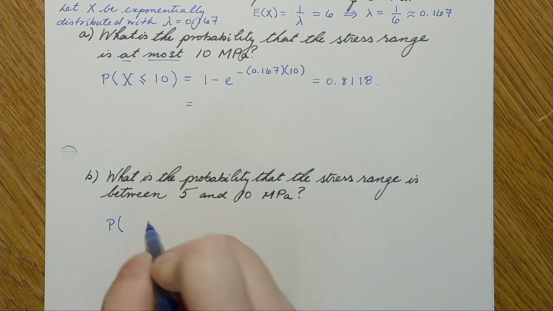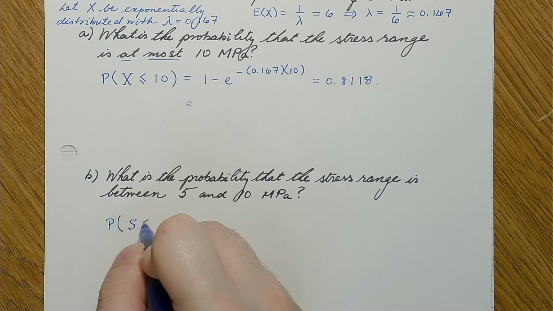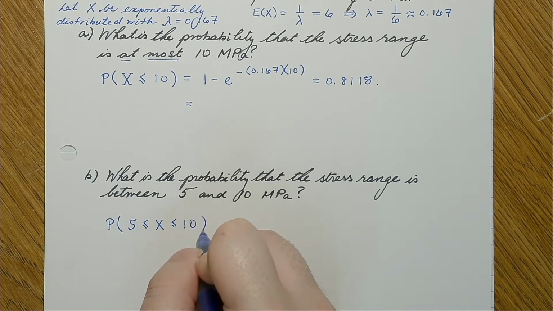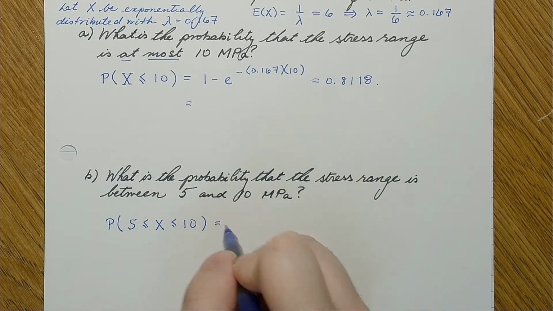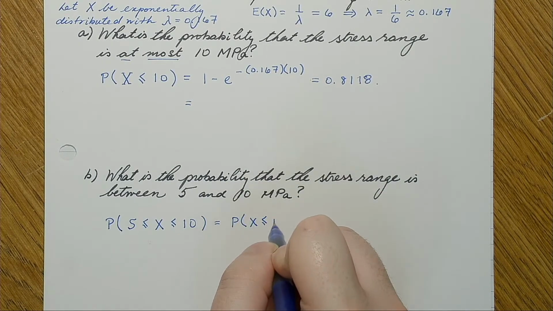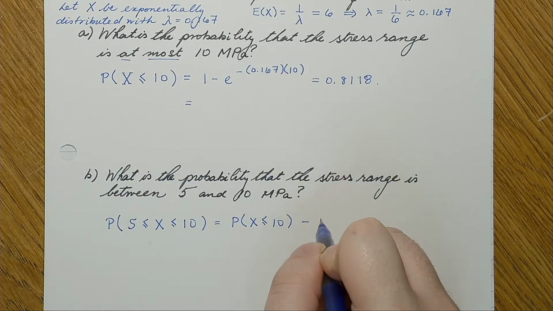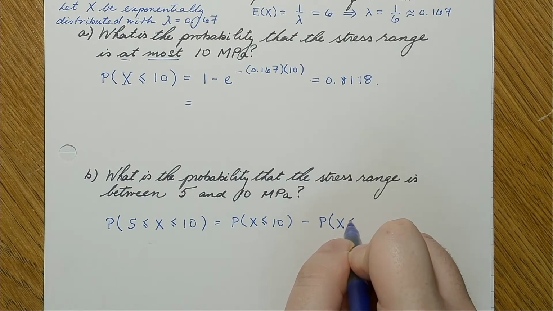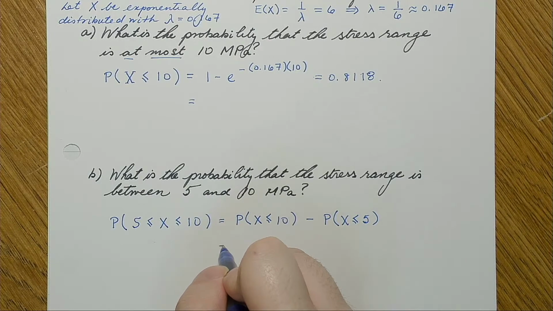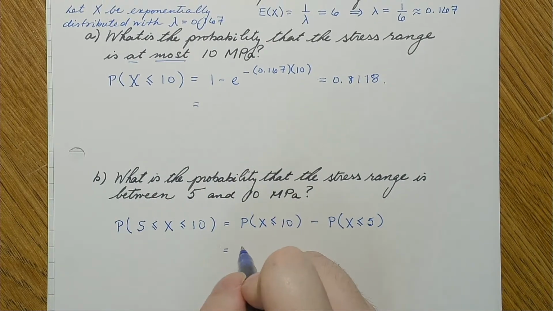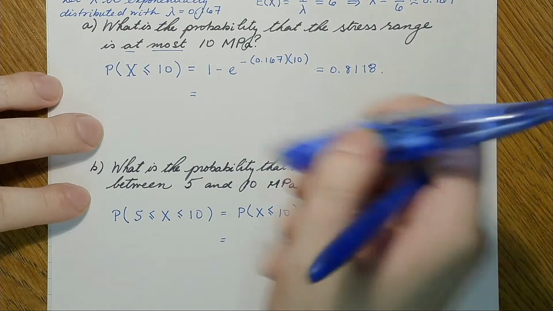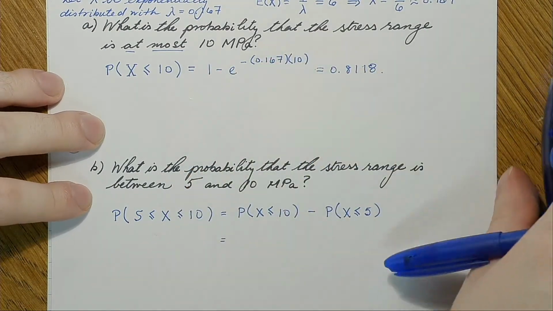Over here, what I need is 5 is less than x is less than 10. So again, it's the CDF up to 10, subtract the CDF up to 5. I've already done that work, so I don't have to redo it.